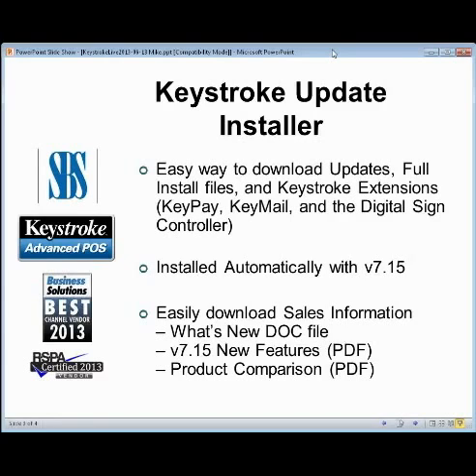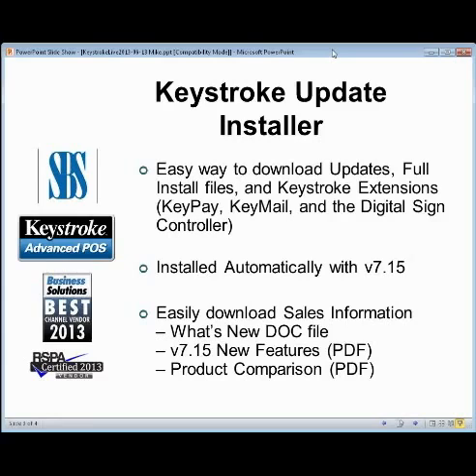Also in this Keystroke Update Installer, we have different links to get some current sales information. We have a What's New doc file that talks about new features in Keystroke in a very technical, detailed way.